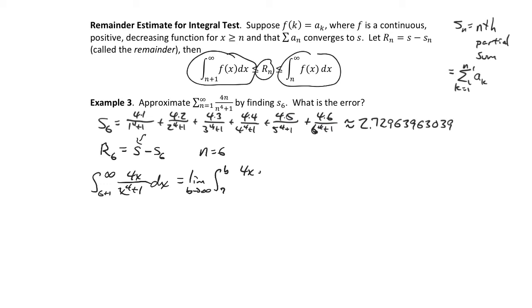I'm going to have 4x dx divided by, now the reason I'm doing this is because if I think about substitution, if this were a nice, easy substitution problem, the derivative of the denominator would be equal to the numerator. The derivative of the denominator is x to the 4th plus 1. The numerator is 4x, but not 4x cubed.